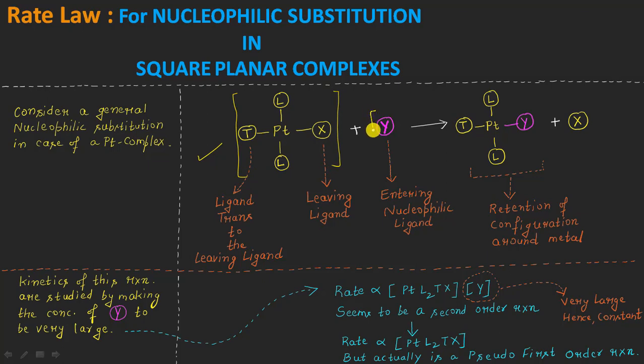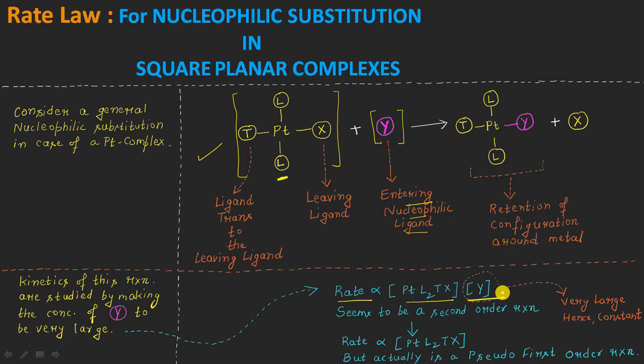We have to consider the concentration of this to be present in large excess in order to study the kinetics of this reaction, so that we can write here the rate will be directly proportional to the concentration of this complex molecule, which I have shown like this here, multiplied by the concentration of the entering nucleophilic ligand, which is Y in this case, right?